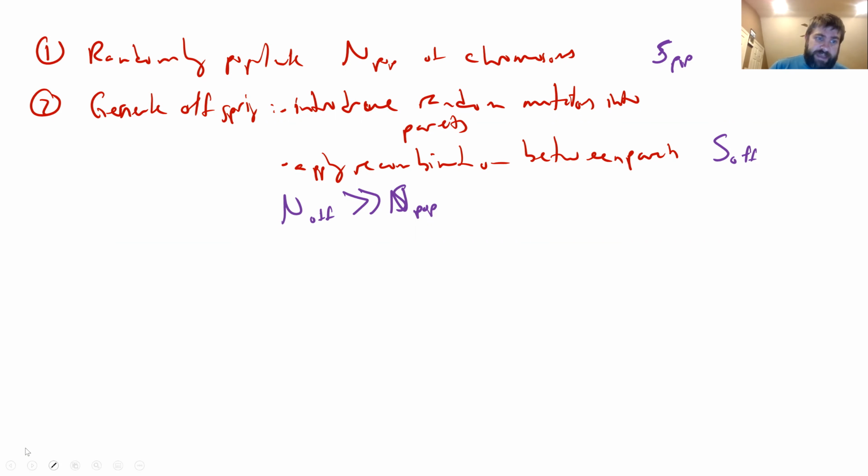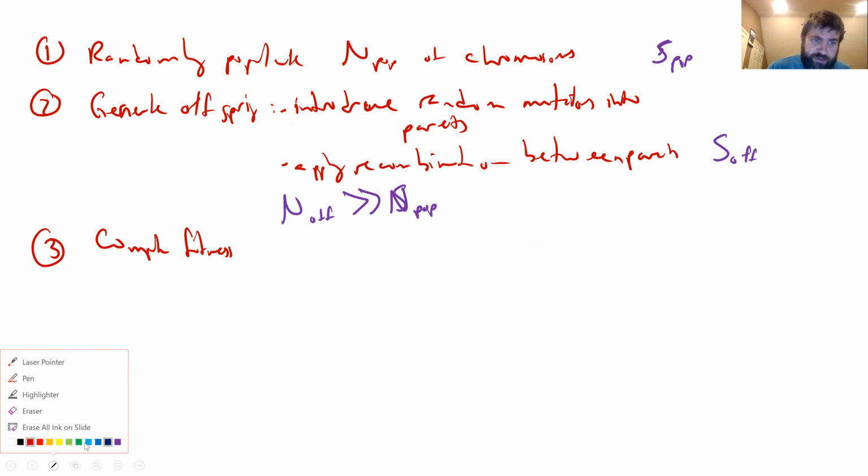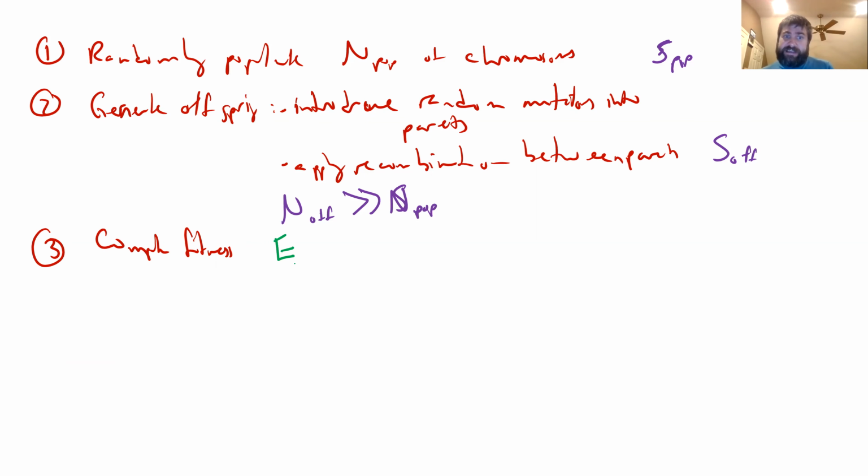The next step that we're going to add in is a fitness calculation. We compute fitness. And in our case, since what we want to do is optimize the energy, we simply say that our fitness is the energy of our state subject to, or constrained by, the backbone.